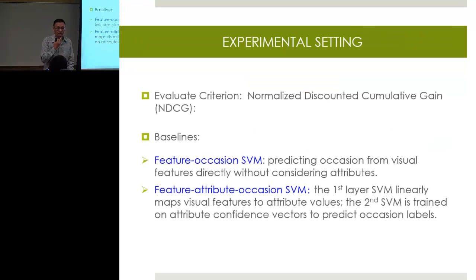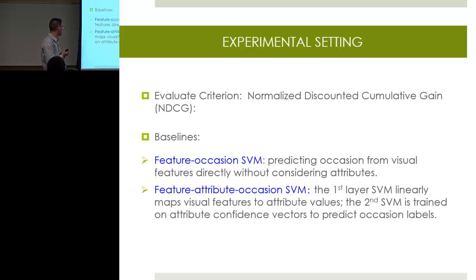Okay. So for fashion analysis, the most difficult part is how to evaluate. This is quite difficult. As I mentioned in the first talk, for the clothing suggestion, we provide a ranking list of all the clothes in the database. So finally, we consider this problem as a retrieval problem, and we use the popular NDCG as the measurement.